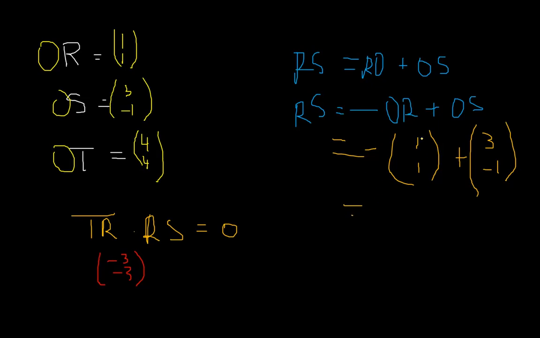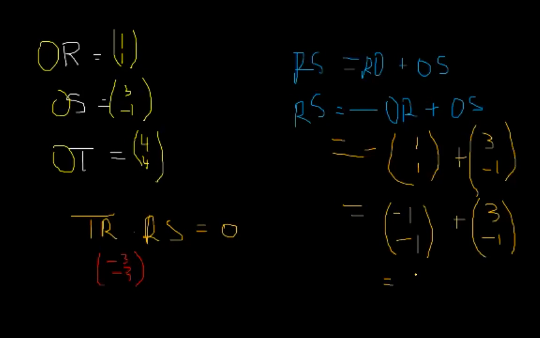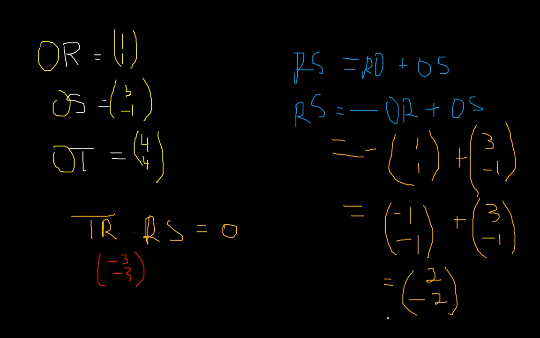So minus 1 times 1 is minus 1, minus 1 times 1 is minus 1. Plus 3, minus 1. What would this give me? So basically 2, and minus 2. Minus 2, right? Yeah, minus 2.